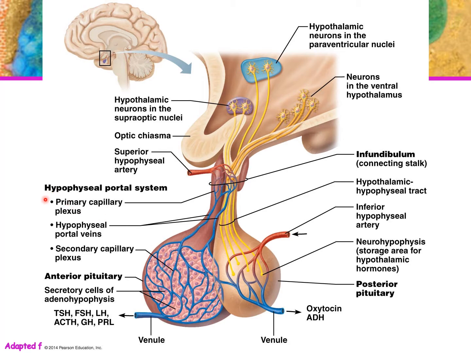Note that the hypophyseal portal system is a venous system, which means that it is under low flow. This is an unusual way for hormones to be transported, as most hormones will be transported in an arterial system.